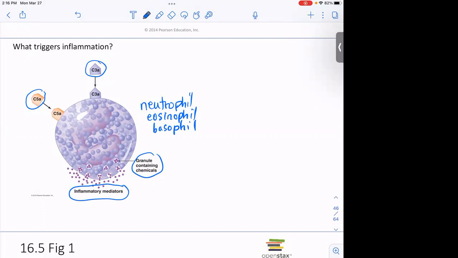Your book may give you a few more examples of inflammatory mediators, but the one that most people have heard of is histamine. That's an inflammatory mediator, and again, that's going to act on blood vessels to increase their permeability.